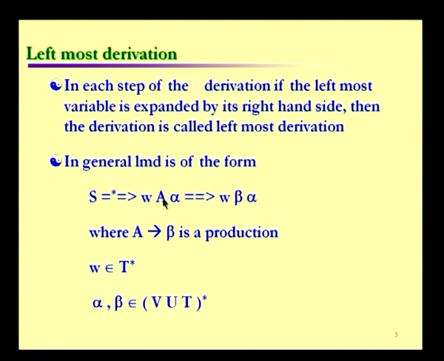So, whenever we find A on the sentential form as the leftmost non terminal, with the help of the production A derives beta, you expand A by beta, thus giving you the next sentential form W beta alpha, where A derives beta is a production and W contains only terminals, and alpha and beta belong to V union T any number of times.